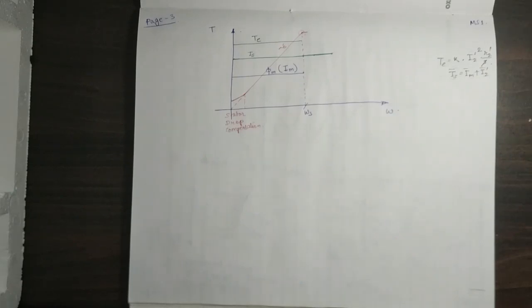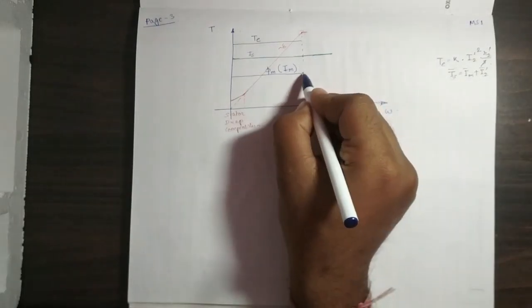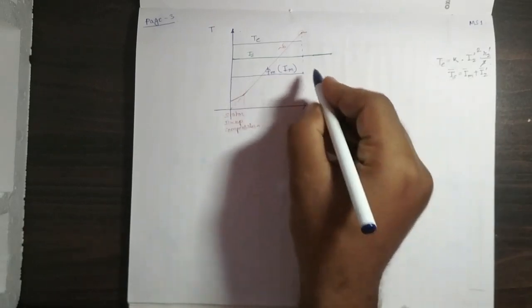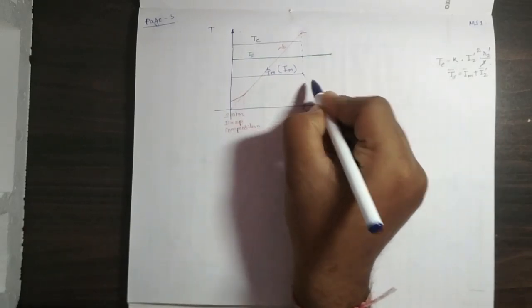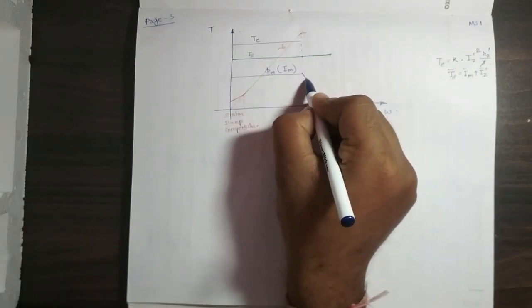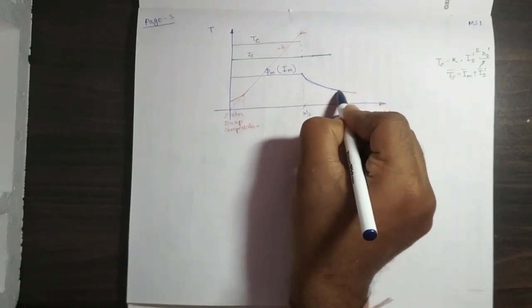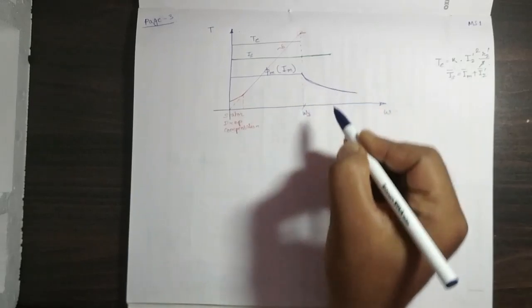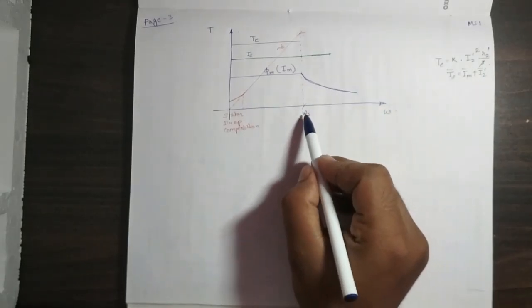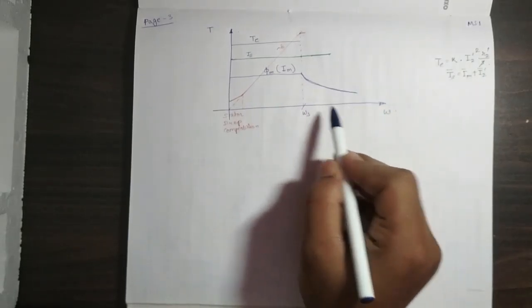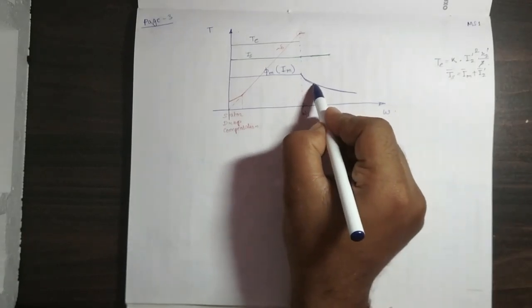Now what will happen next? In the next case, we will be decreasing this flux, that is, decreasing the magnetizing current. Why? Because when you have to go to a speed above the synchronous speed, you have to decrease the flux.